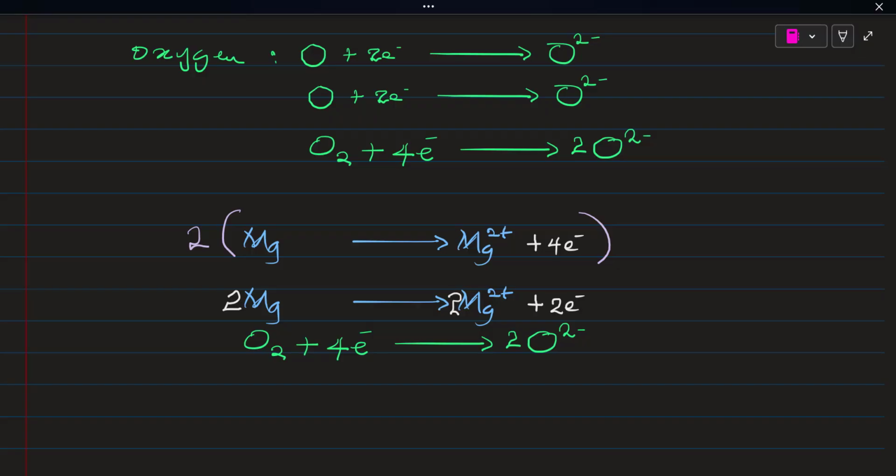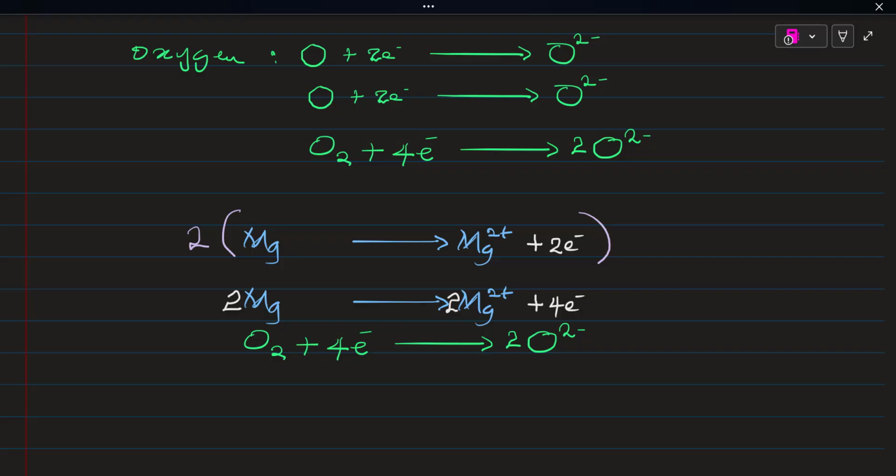So 2 magnesium atoms, and this is going to be 4 electrons that are lost. So you can see that we have 4 electrons gained by oxygen and 4 electrons lost by magnesium. The equation is well balanced that way.